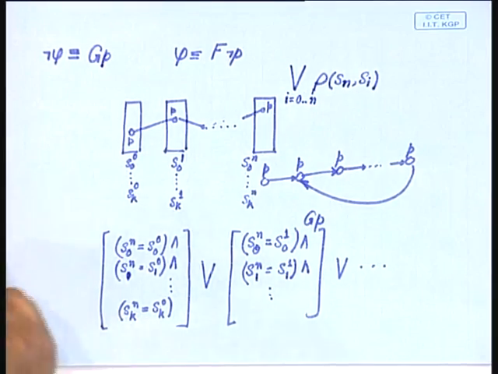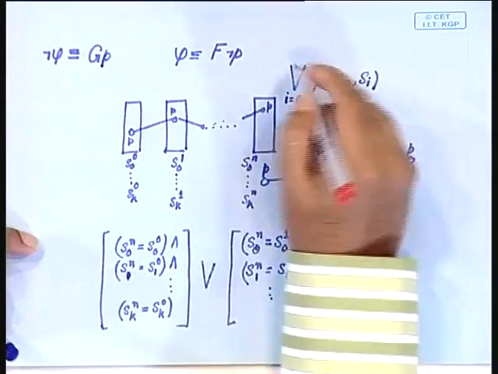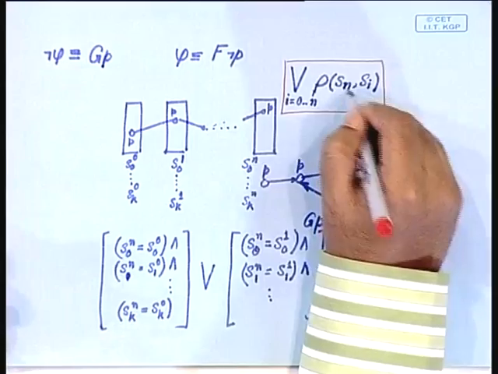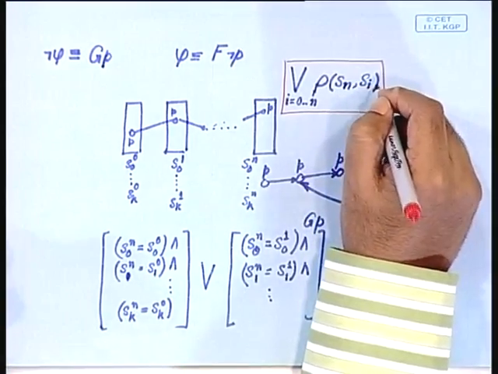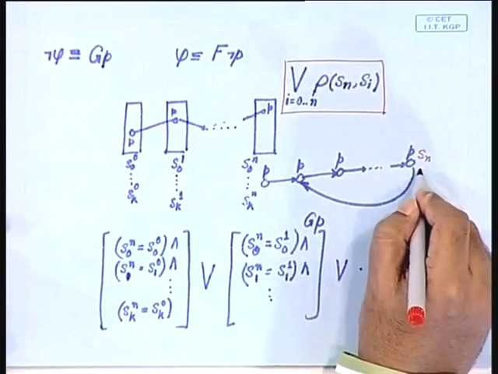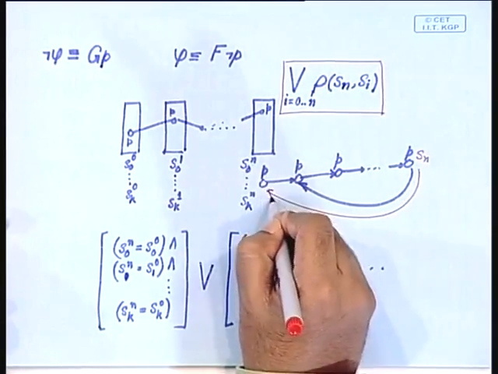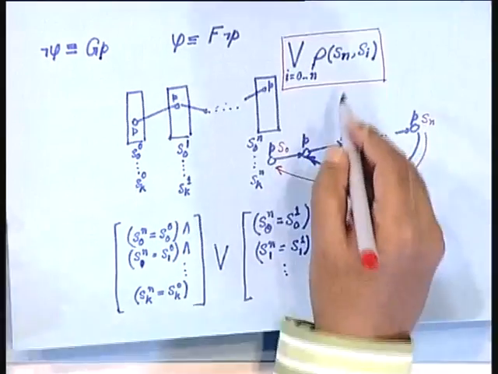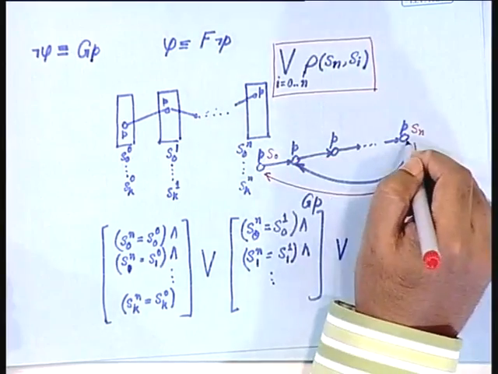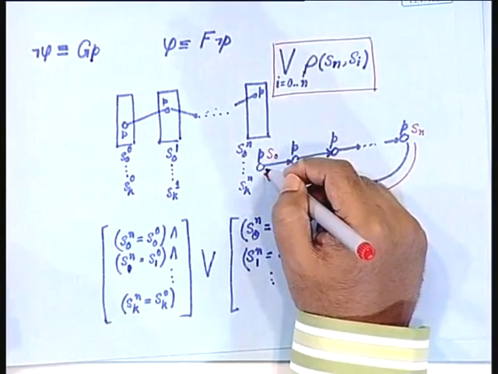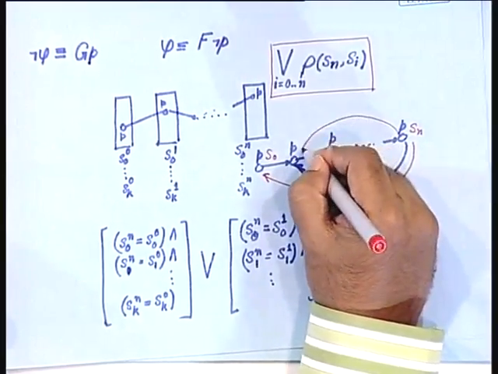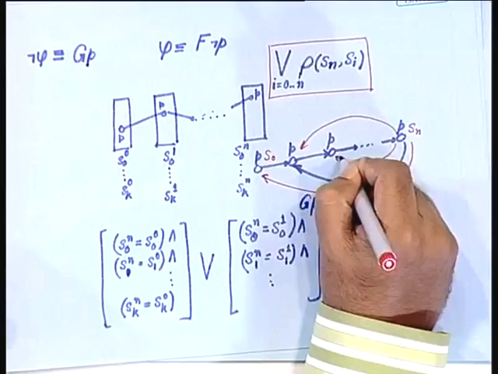Now, let us try to understand what this means. This means if rho Sn S0 holds, that means if this is my Sn, then there is a transition from here to S0. So, instead of checking whether this is equal to this, I am checking whether there is a transition from this to this, or from this to this, or from this to this.